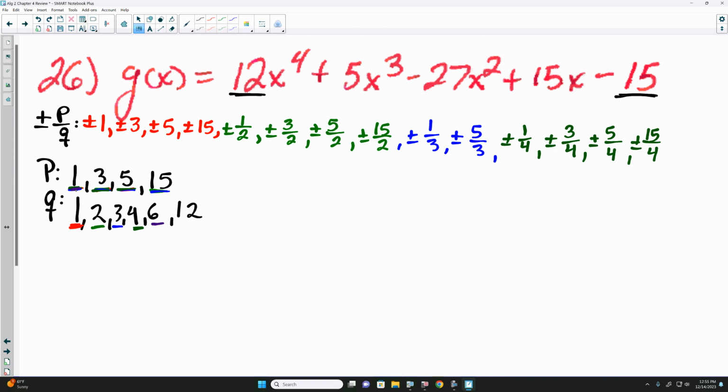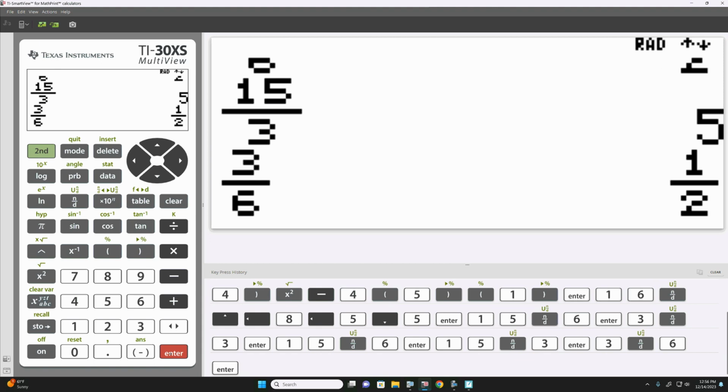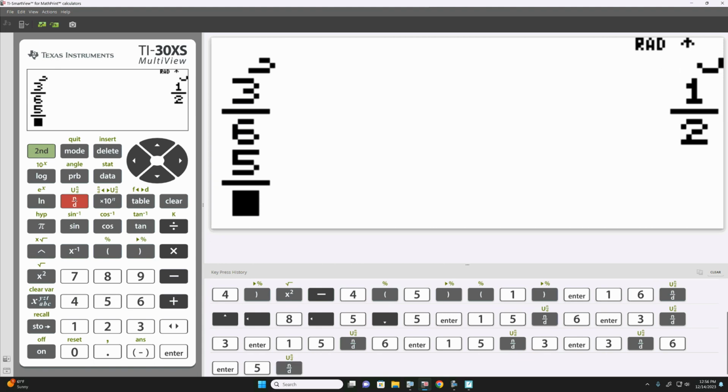The next one we're going to do is with 6, so we'd say plus or minus 1 over 6. It doesn't reduce. The next one, 3 over 6, does it reduce? Again, we could plug all these into the calculator and see if they reduce. 3 over 6 reduces to 1/2. 5 over 6 does not reduce.